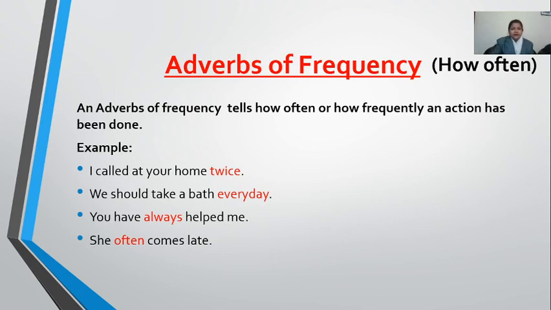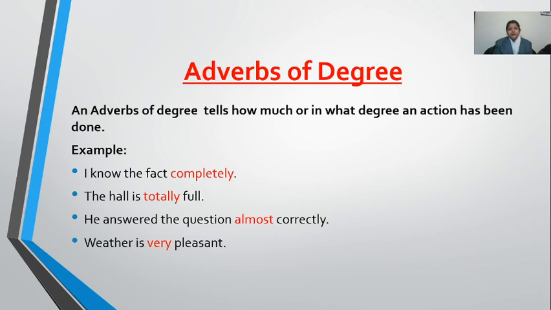Now our next adverb is adverb of degree. This is our fifth type of adverb. Okay, so five types of adverb we have already discussed. Let's have a glance once more. Adverb of manner: for adverb of manner we ask the question with which word? How.